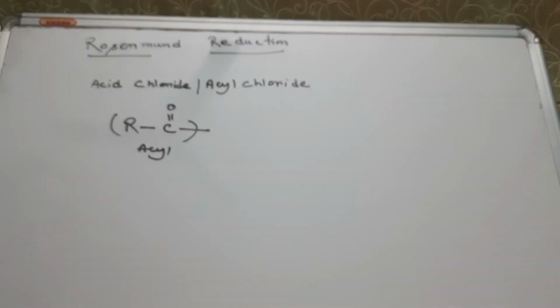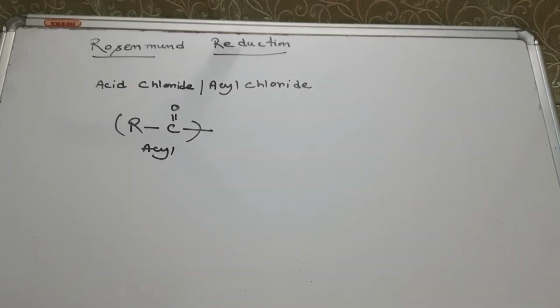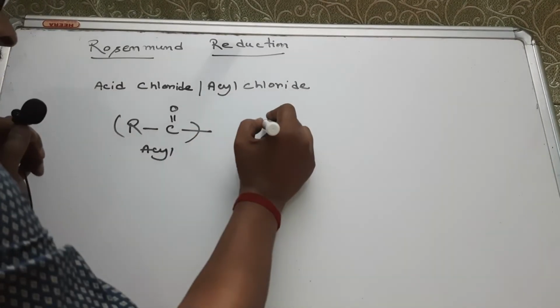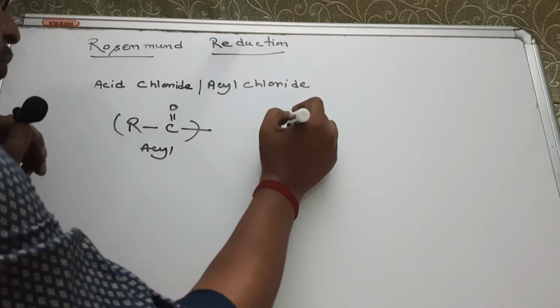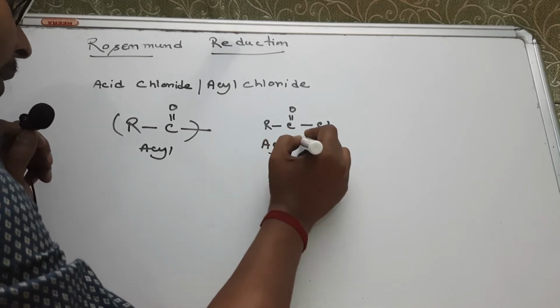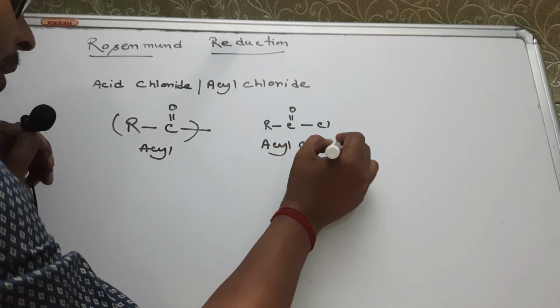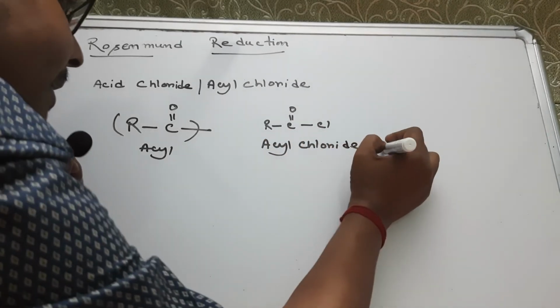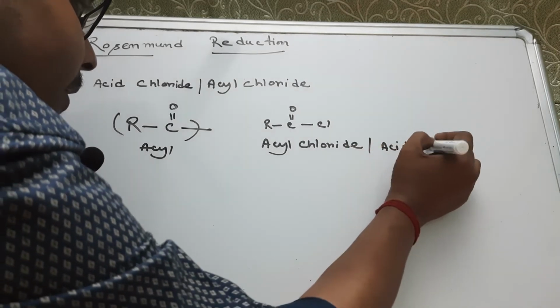If chlorine is attached, that is RCOCl, this is called acyl chloride or acid chloride.